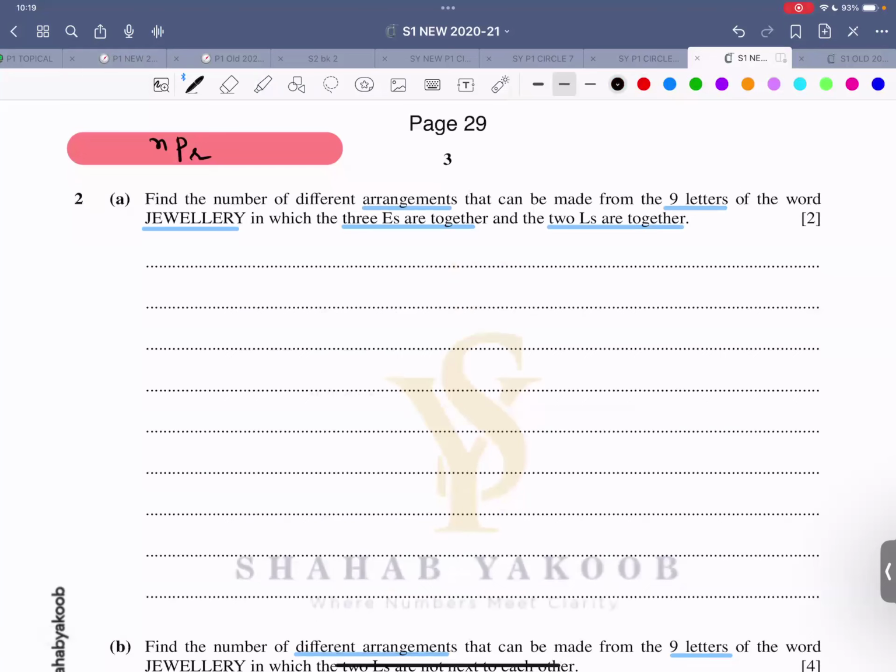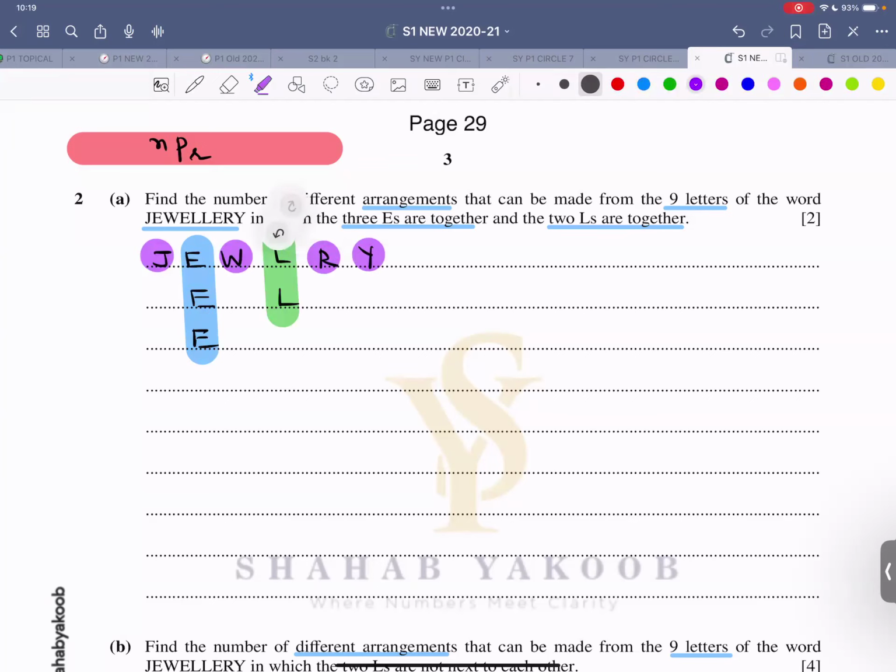Now let me focus on this thing. That is the word jewellery over here. So if I write it, that is J E W E L L E R Y. So now over here, if I focus, there are 3 E's and there are 2 L's, and then there is a J, there is a W, there is an R, there is a Y. Altogether, these are 9 letters.